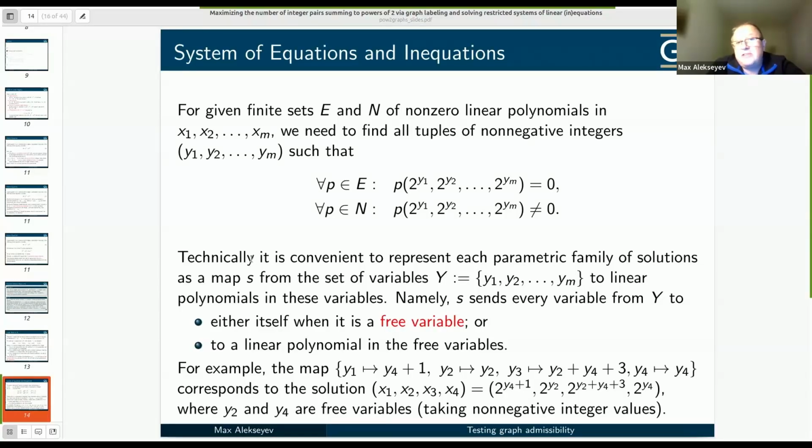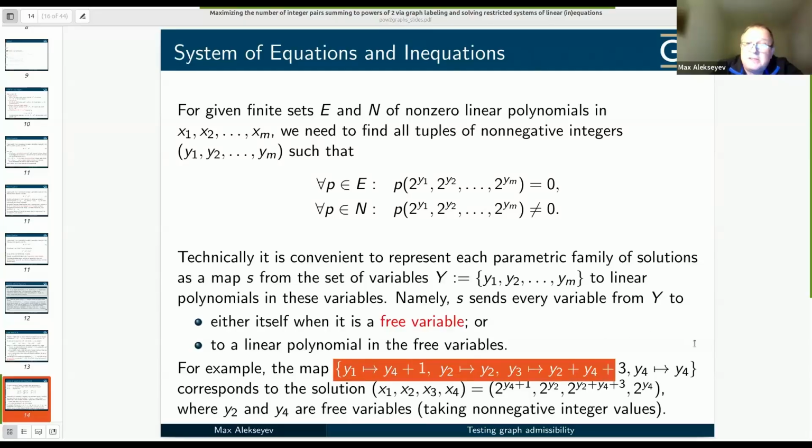And just from a technical perspective, it is convenient to represent such a family of solutions as a map from the set of variables y1, and so on, ym, into polynomials of these variables. In particular, we have the following convention. If a variable is a free variable, then it is mapped to itself. Otherwise, it's mapped to a polynomial in the free variables. Here's an example.